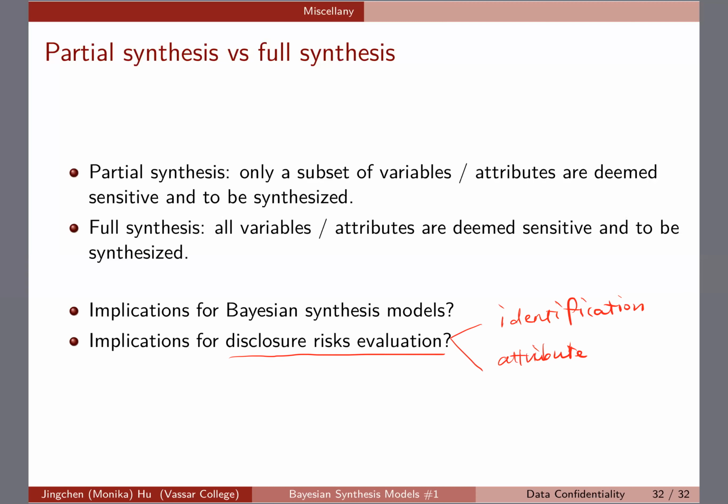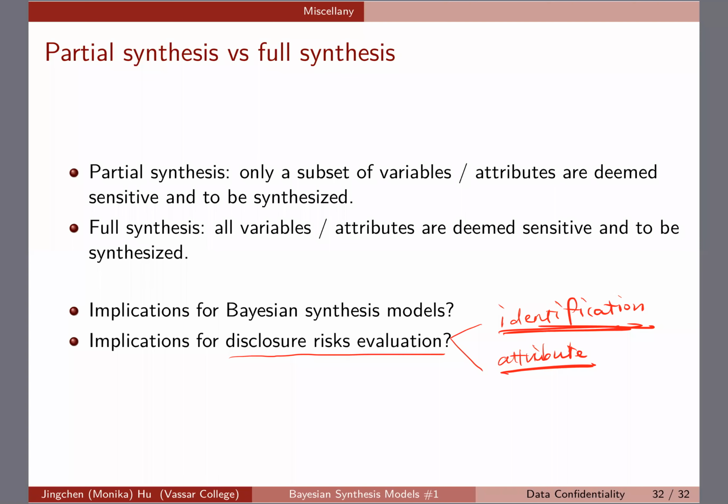If you think about it, you're synthesizing variables, so the risk in general should be lower. But to what extent, especially with two types of disclosure risks? What kind of implications do they have for partial and full synthesis? Take a couple of minutes and then we're going to move on.